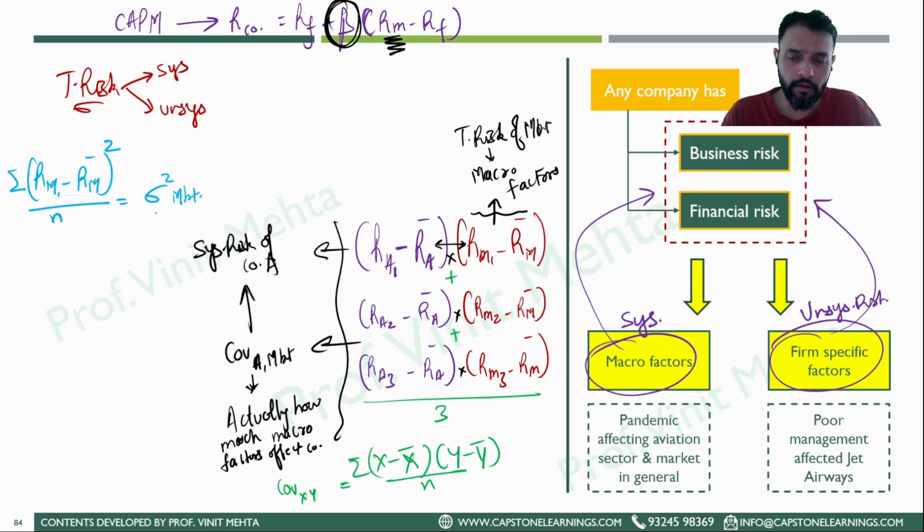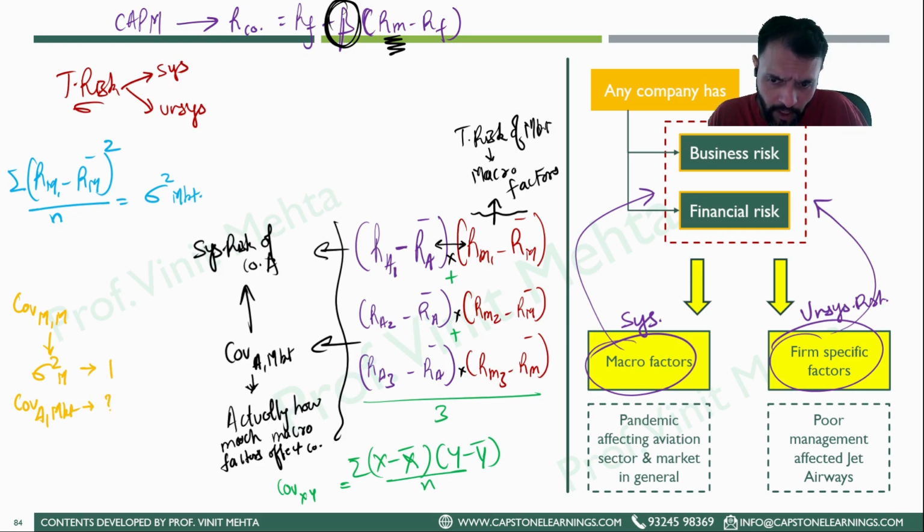Yes. So then the last part, because I'm benchmarking, I am saying, hey, you know what? The covariance of market with market, by the way, that is nothing but variance of the market, is 100% kind of a thing. I want to benchmark. So I'm saying that, hey, covariance of company A with the market is how much?